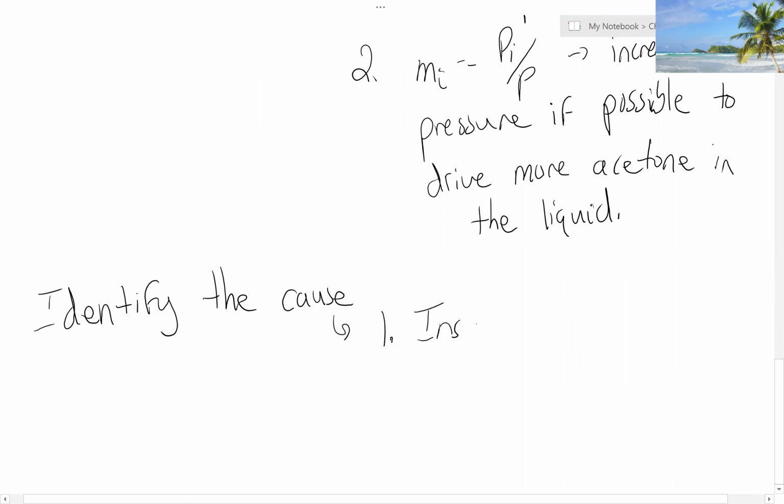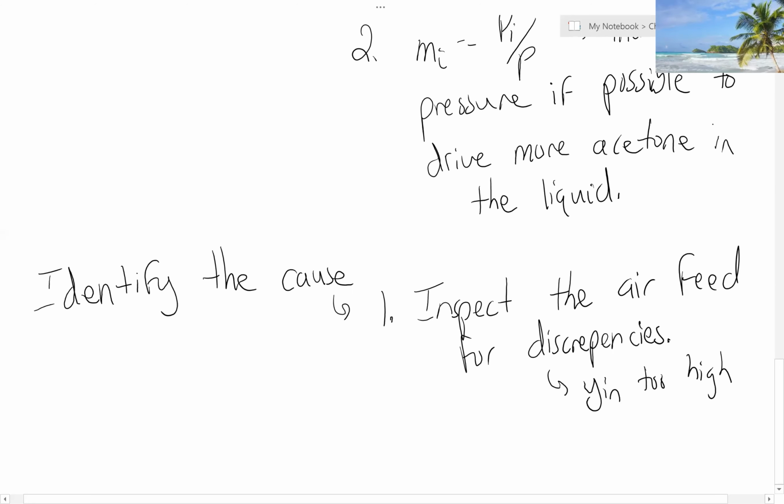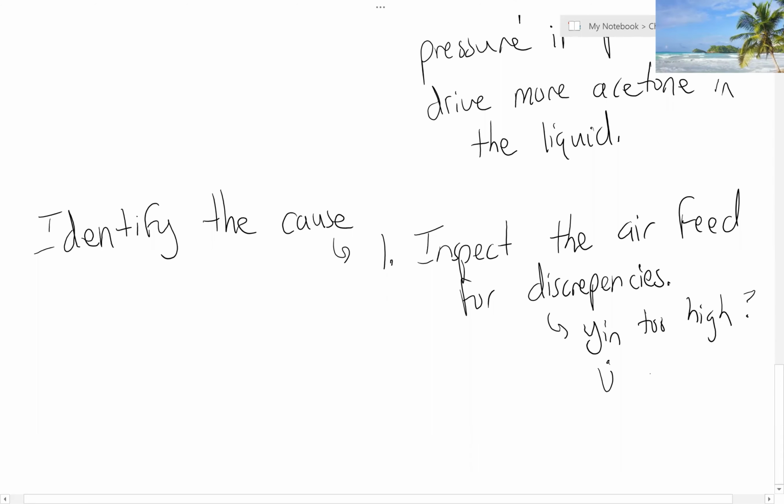Well, you can inspect the air feed for discrepancies, right? So is Y in too high? Is my flow rate too high? I'm going to look at that feed coming in and ask myself, is it coming in the way that I expect?